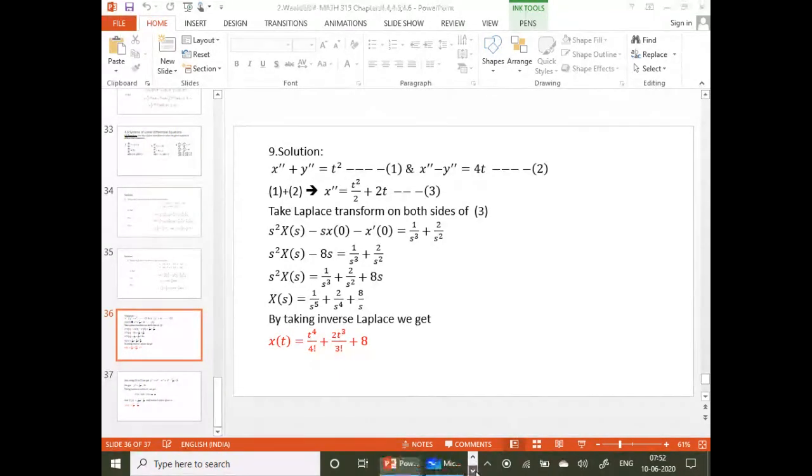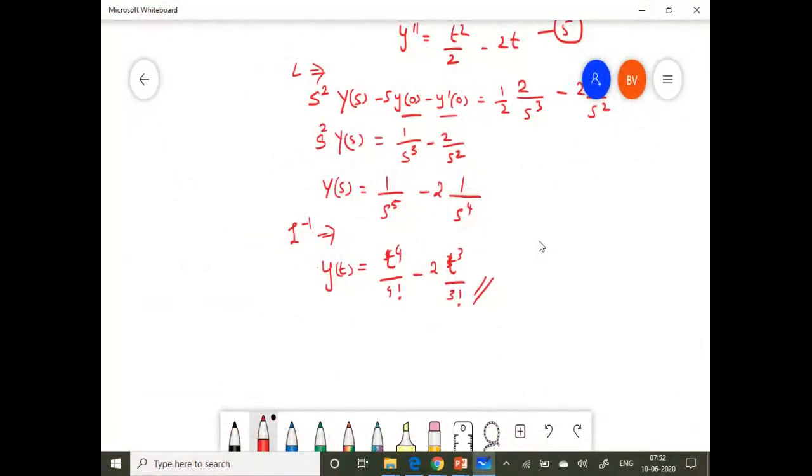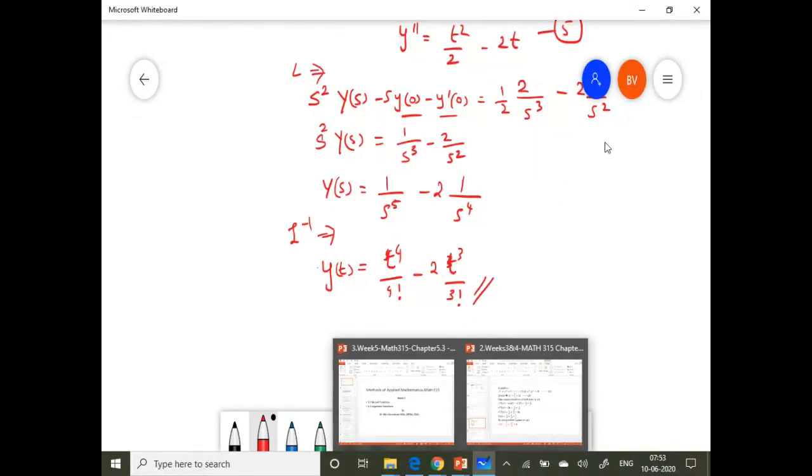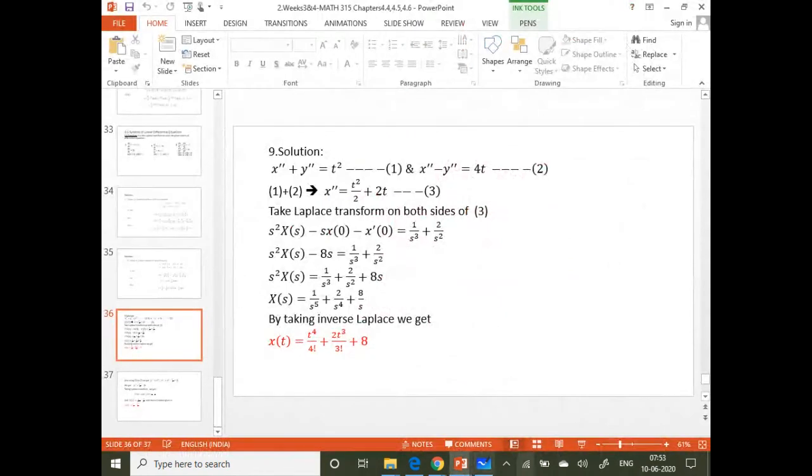The last step is actually 3 factorial. The 3 factorial can be simplified with the 2, it's possible, but you can still keep it as it is. That's the end.